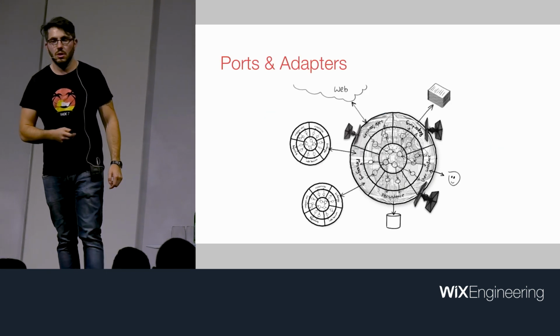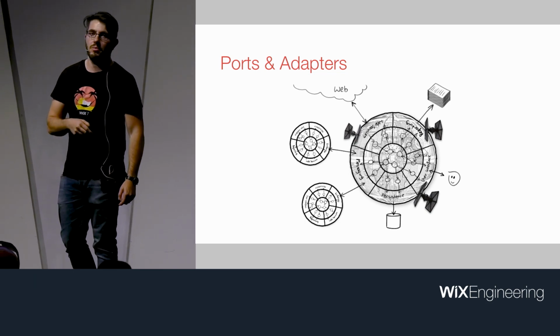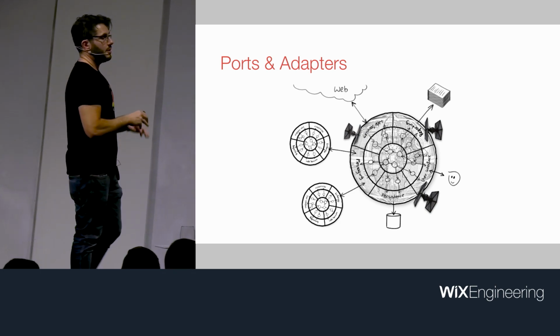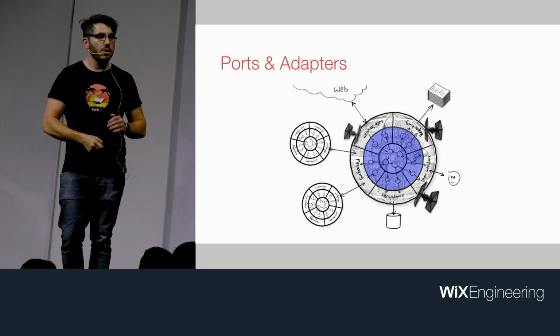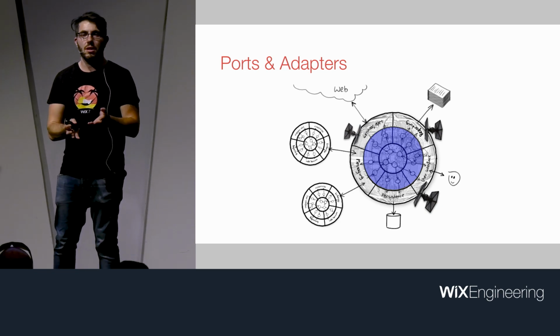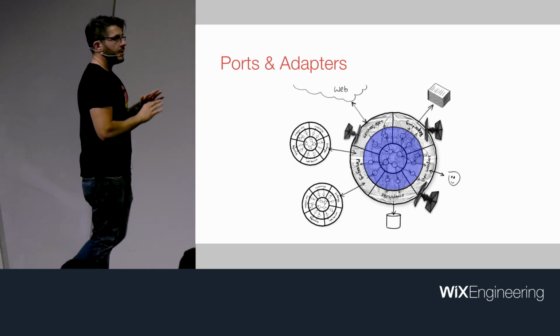Ports and adapters is an architecture presented in an awesome book by Steve Freeman and Ned Price. And basically, what they're saying is that our code should be divided roughly into two layers. Right? The inner layer, which contains all of our business logic, all of our domain logic, but has no mention of any technical details.